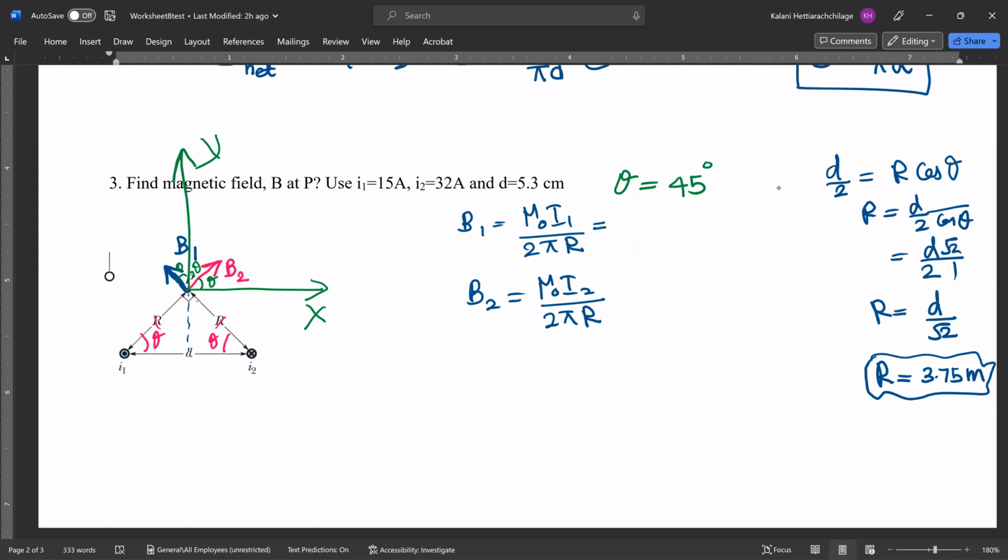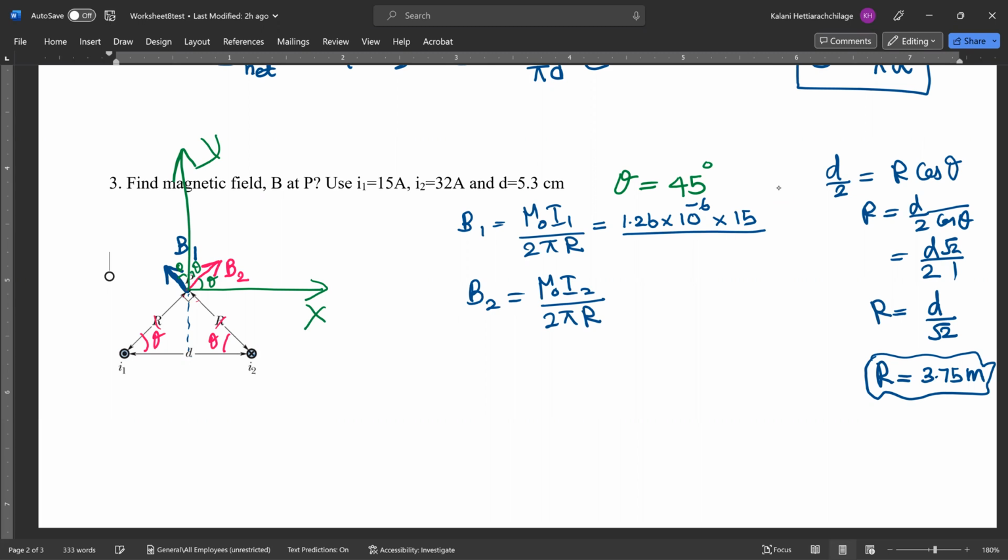So you know the mu naught value, right? Check in your lecture. Mu naught will be 1.26 times 10 to the -6 Tesla meter per amp, and then I1 is 15 amps.